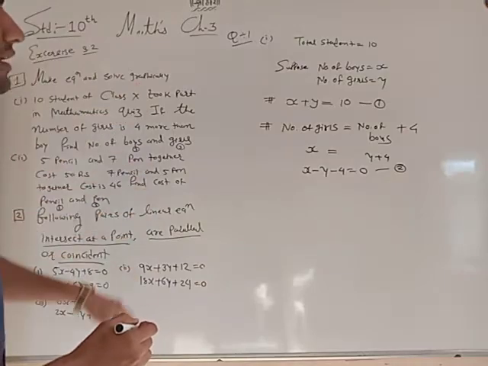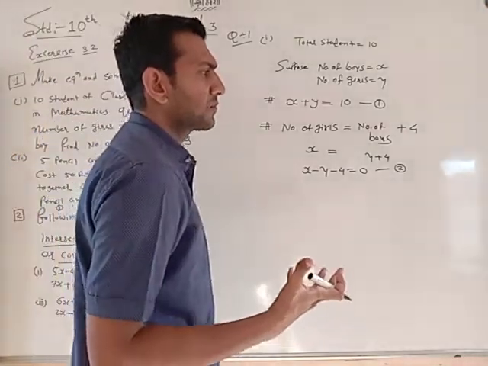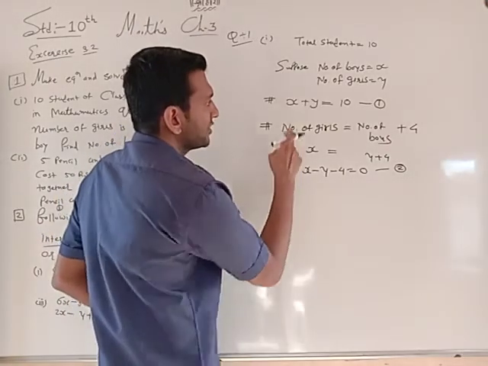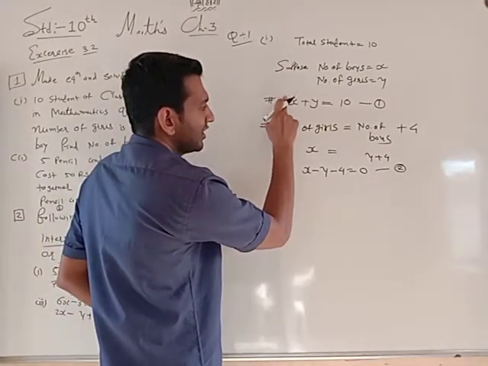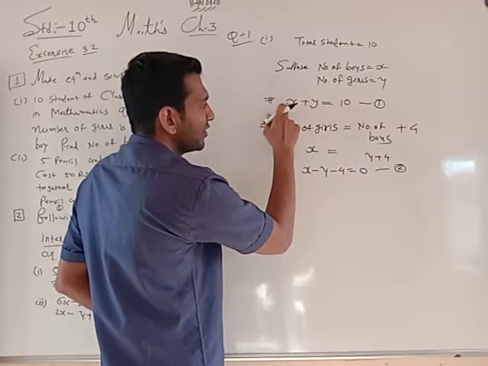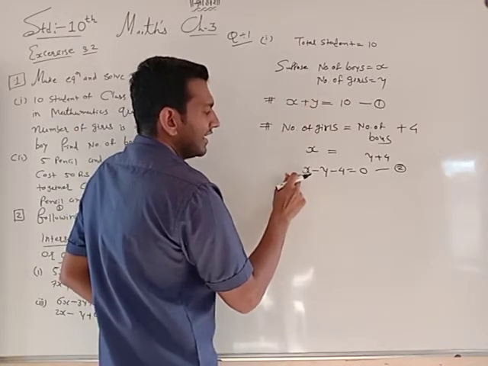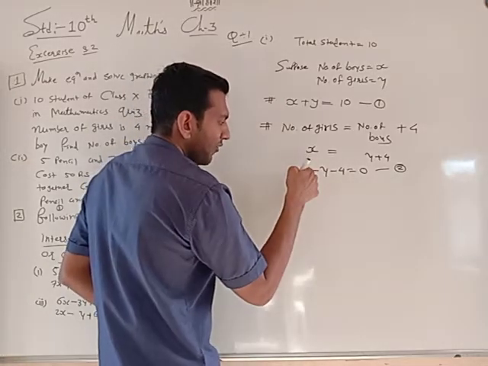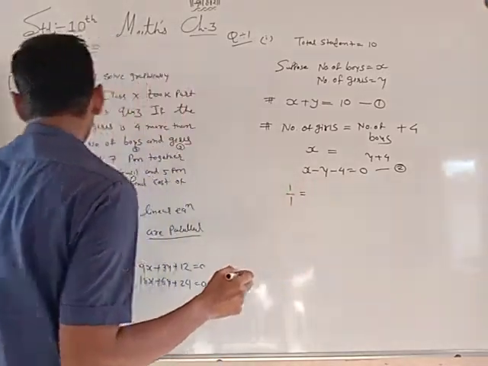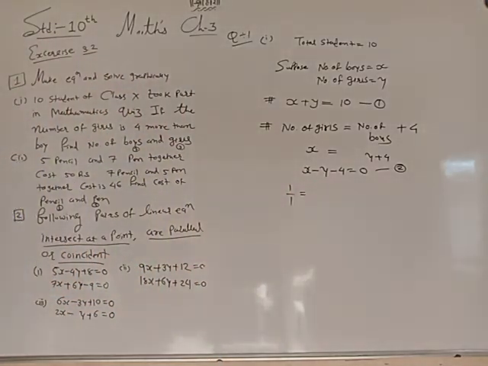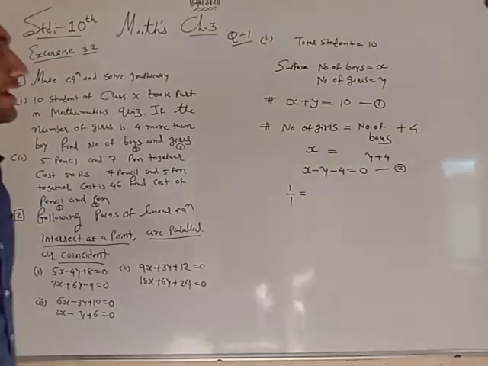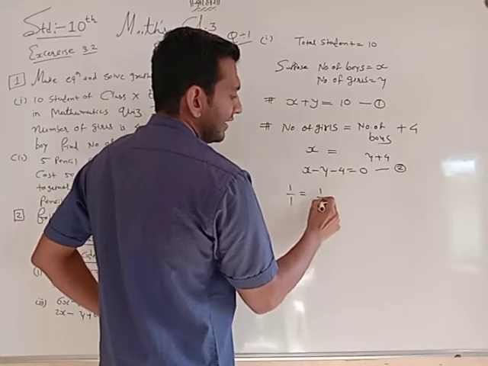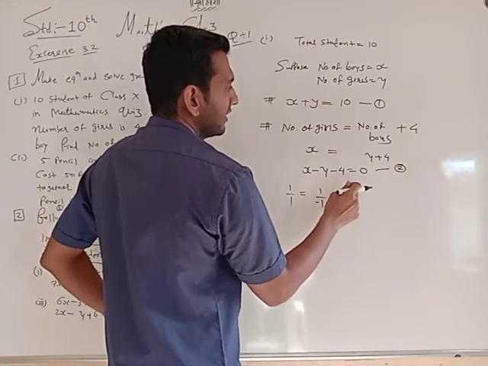Now solve it graphically. First check which type of solution is possible, so first find the ratio of coefficients. In the first equation the coefficient of x is 1, in the second equation the coefficient of x is 1. The coefficient of y is 1 and here minus 1, and the constant term c.